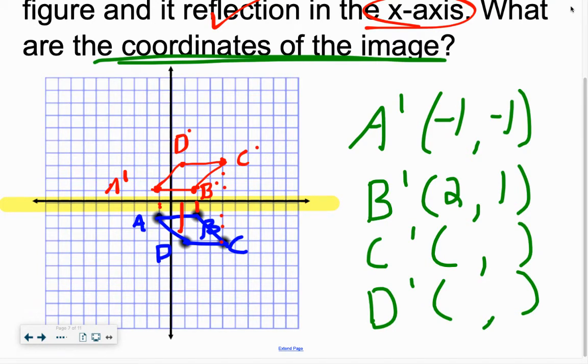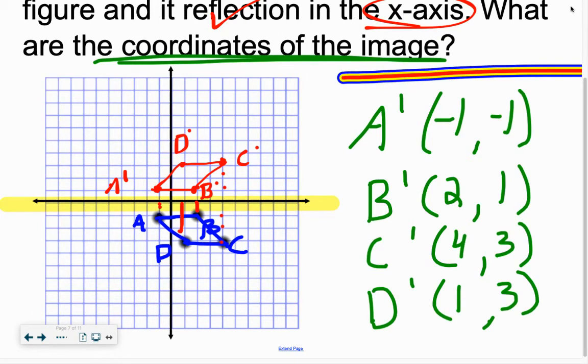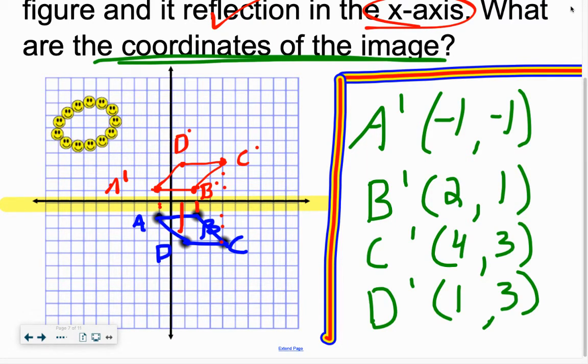C prime, count carefully, is at 4, 3, and D prime at 1, 3, and because it did ask for us to have the coordinates as well, all of these are needed. So you're going to need that grid paper and have that part of your graph, part of your assignment, as well as all of these points somewhere.